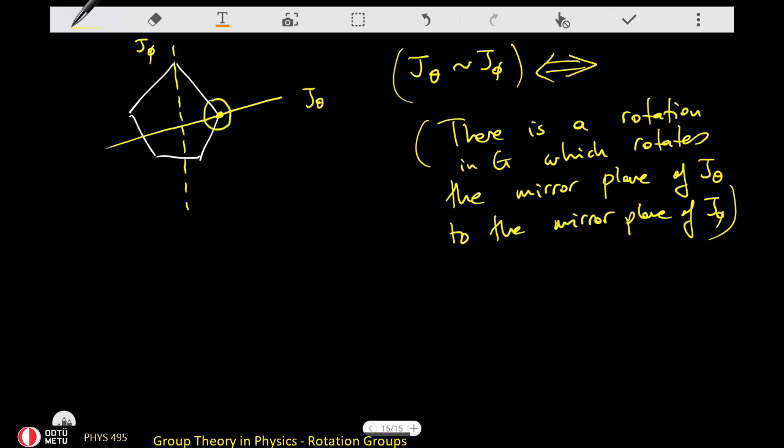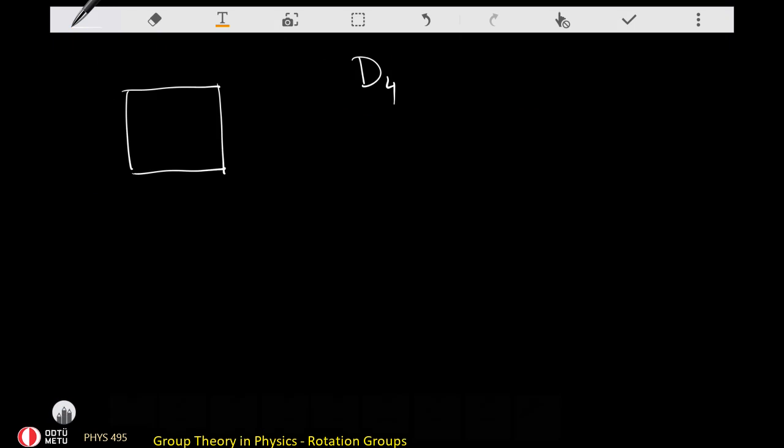At least for the case of the pentagon, this is very simple because we have rotations that rotate this corner to that corner to any other corner. Since all the mirror planes pass through a corner and a midpoint, this implies that in D5, for example, all the reflections are conjugate to each other. But we don't have this for D4, the symmetry group of a square. In D4 we have two types of mirror planes.